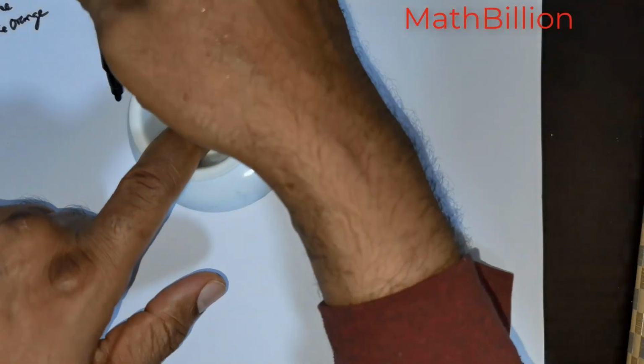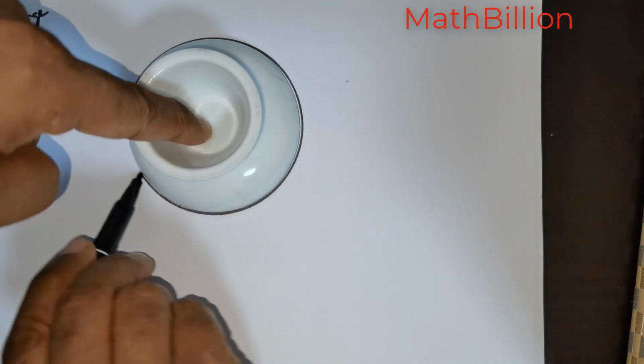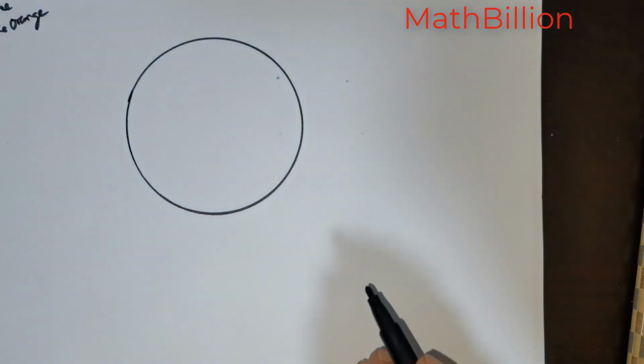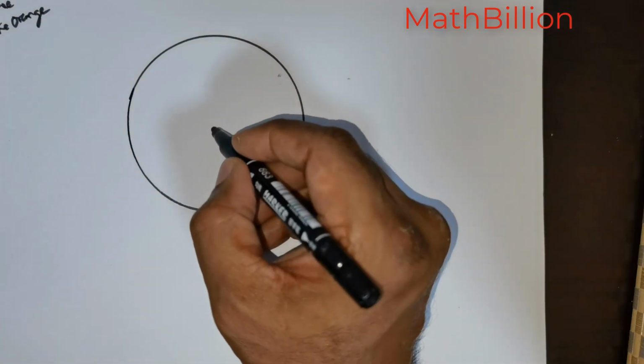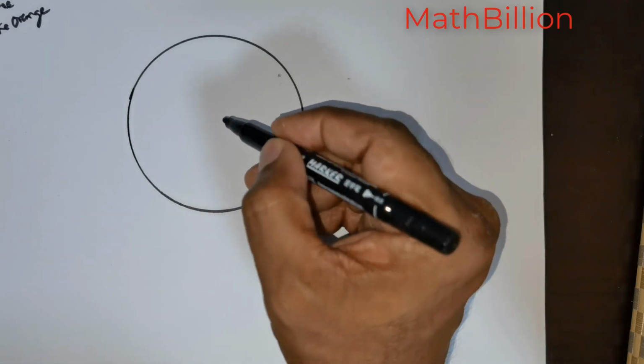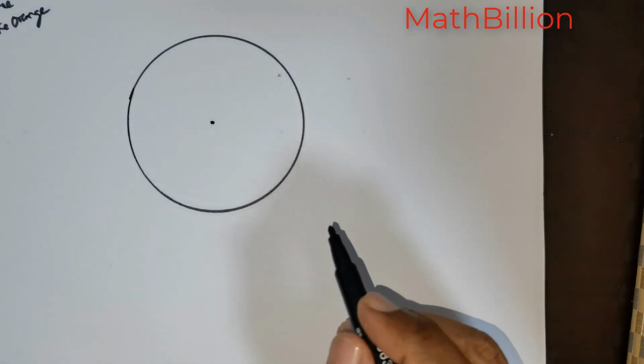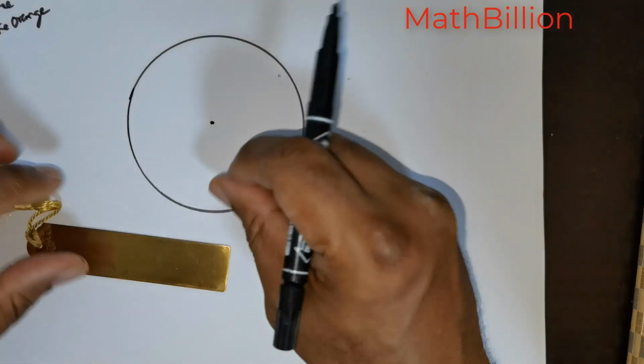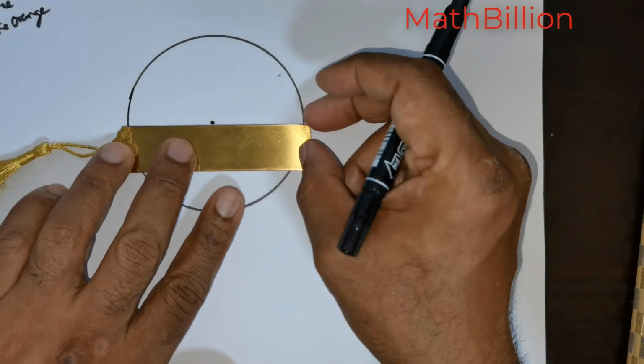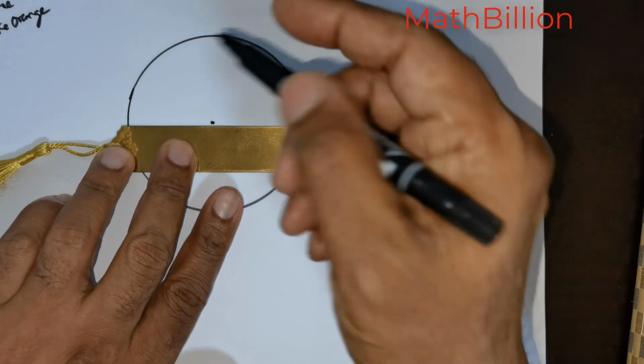Foremost, we need a circle. Then we will have to draw the diameter. For that we would need the center. So I will draw the radius first.